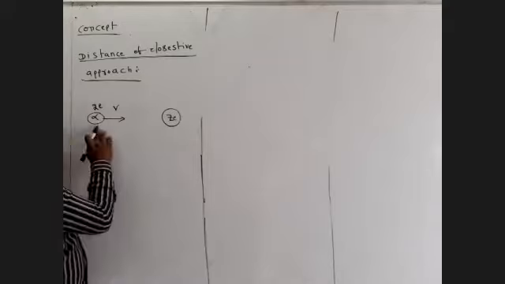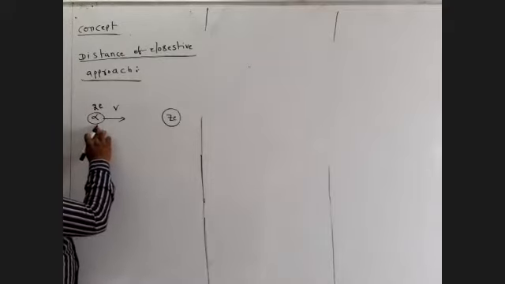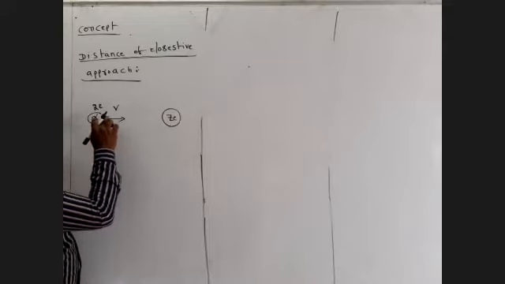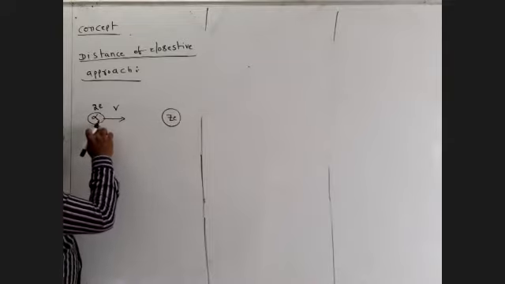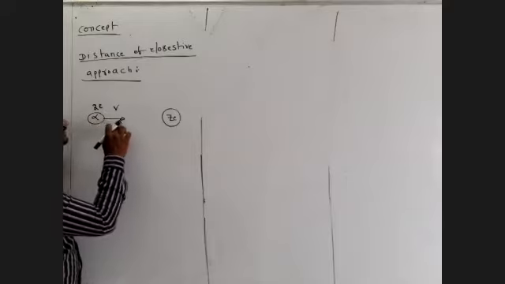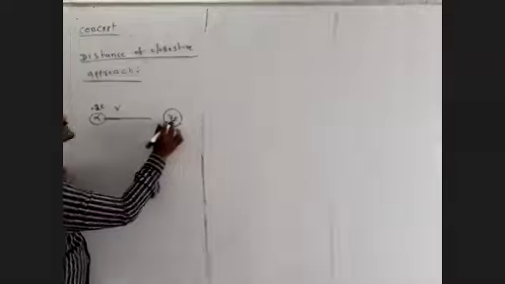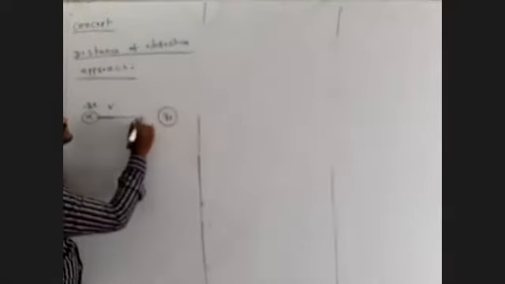The alpha particle moves with the velocity v towards ZE. This alpha particle has kinetic energy. It travels towards ZE and reaches very near to it. These are both positive charges, so they repel each other.